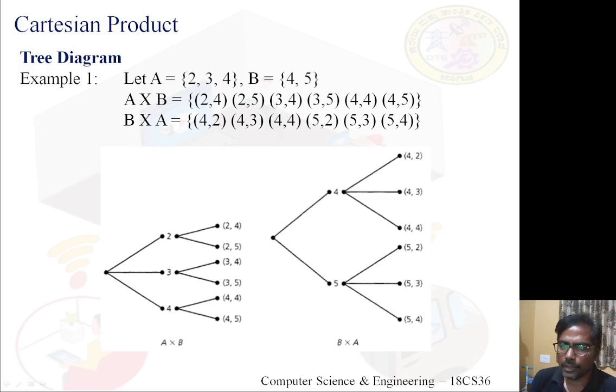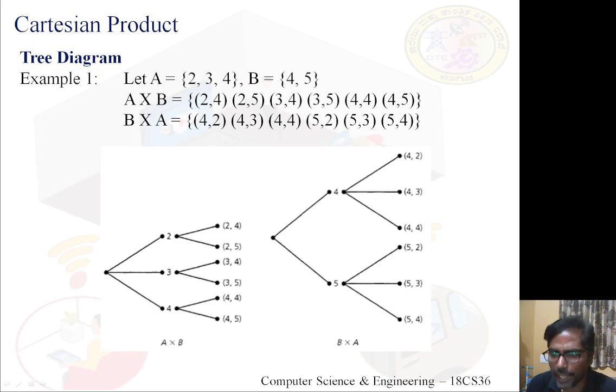Now the tree diagram for any cross product, say A cross B, proceeds from left to right. I repeat, the tree diagram for cross products proceeds from left to right. From the leftmost end point, 3 branches originate.